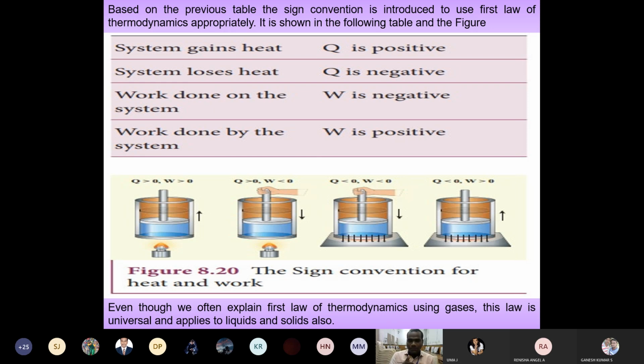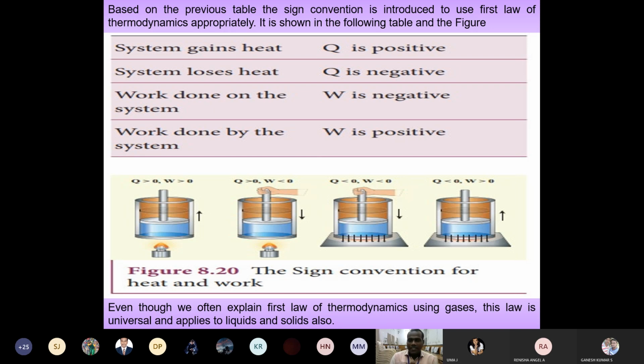In the first figure, heat is supplied, so Q is positive, and we are raising the piston above. So here the work is done by the system, right. So we have the W value positive and the Q value also positive, so Q is positive and W is positive in the first figure.